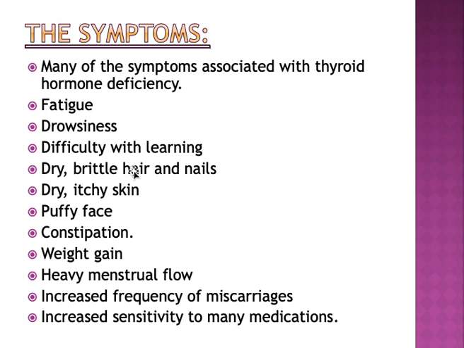Sometimes when you palpate the thyroid, you will find it is rubbery, rubber-like in consistency. All the symptoms you can find here, we don't have to go into detail, because you already know the symptoms and signs of hyper and hypothyroidism, which I already explained in my previous lecture.